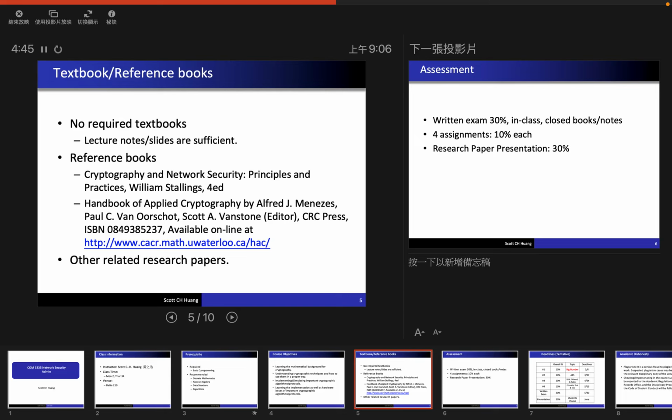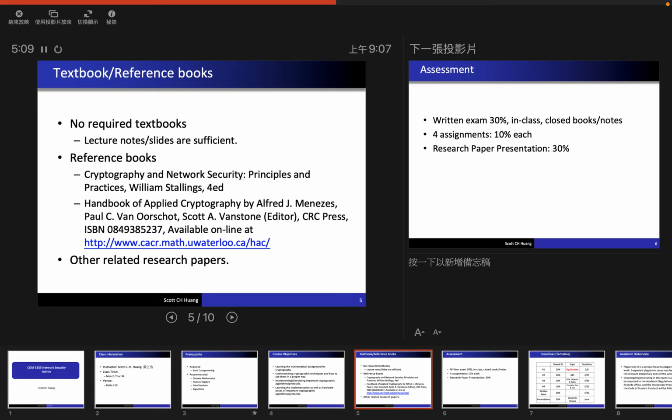That's one of the reasons why we don't use it as the main text, but it is listed as one of the reference books. For anything before the 1980s, you can find really detailed explanations in this book.